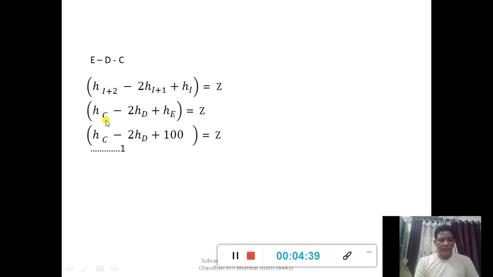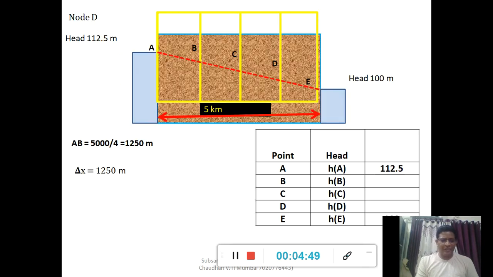Now h of C is unknown, h of D is unknown, h of E is known, the right-hand side boundary condition, 100 meters.